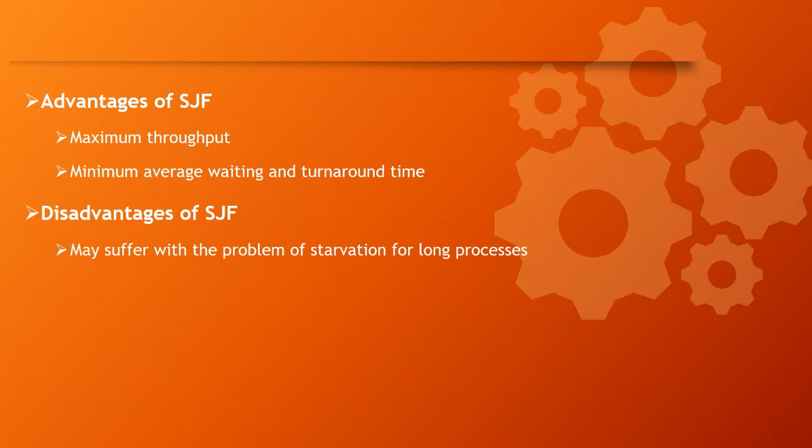If shorter jobs keep coming into the ready queue, obviously those are going to be picked up. So in certain conditions, the long job may wait a longer time to get the processor for execution. Here also we can face the disadvantage of starvation.